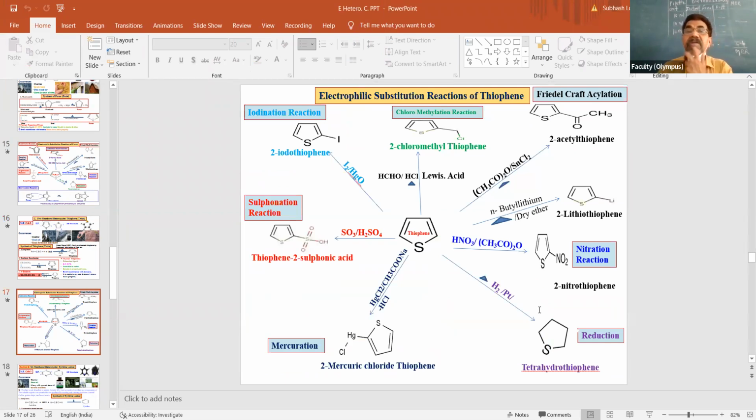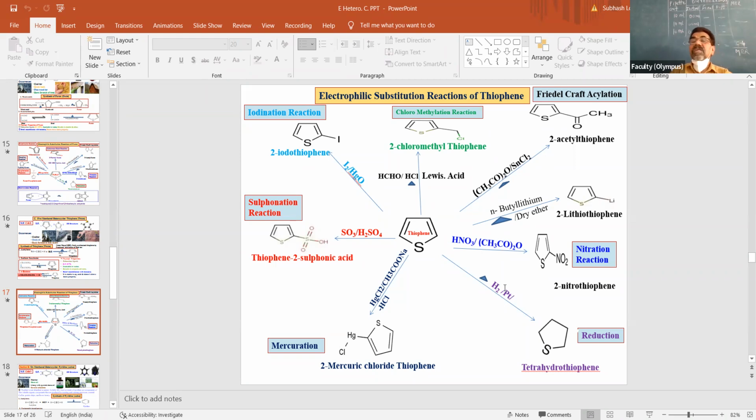After the chemical properties, we come to electrophilic substitution reactions. As we already learned, almost all electrophilic substitutions resemble each other, meaning they are the same. In all types of electrophilic substitution reactions, we obtain the 2-substituted products, that is 2-nitropyrrole, 2-nitrofuran.